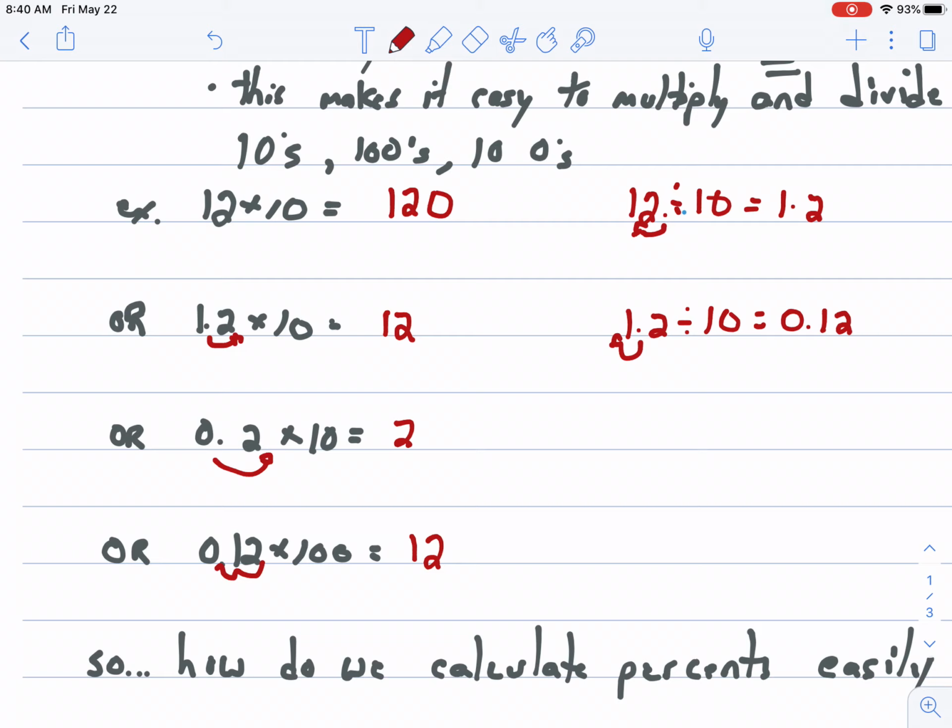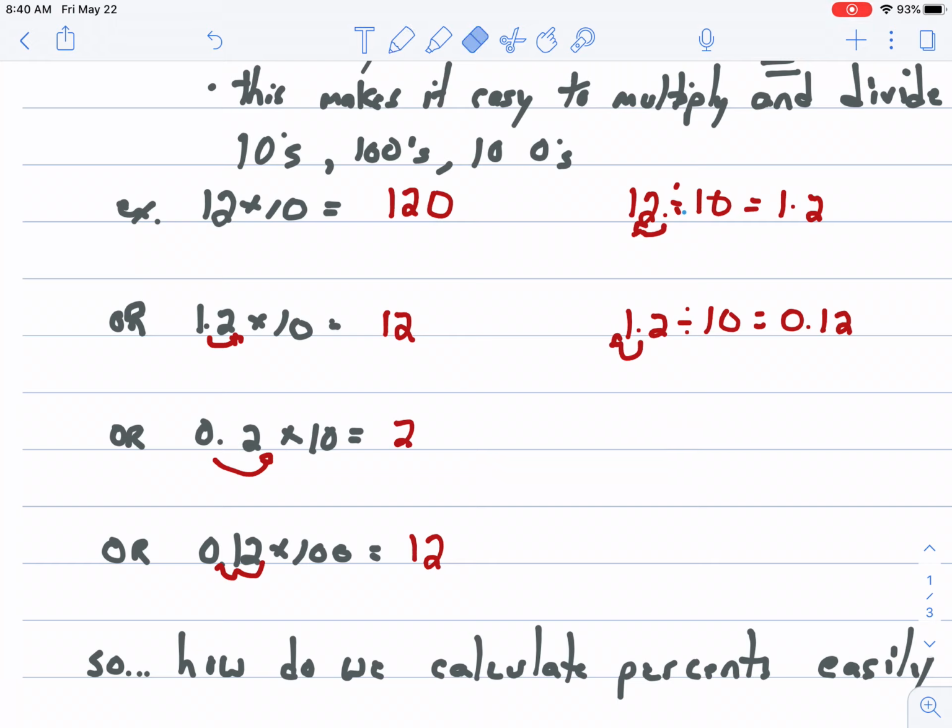So one last example, if I'm dividing something by 100, let's say I had 1.2 and I divided it by 100. Now this is a little bit harder because I'm going to be moving that decimal a little bit more. So I'm going to use a different color and show you.